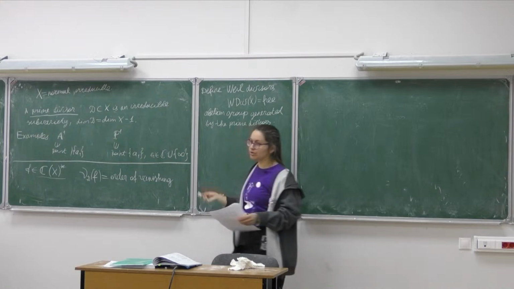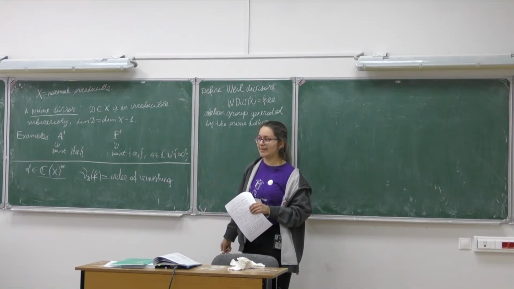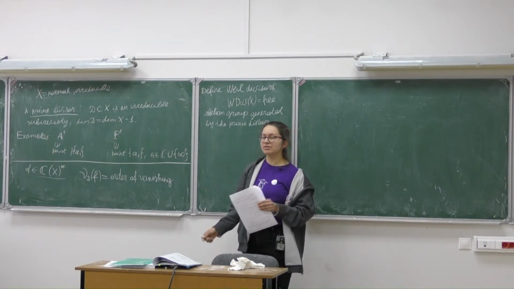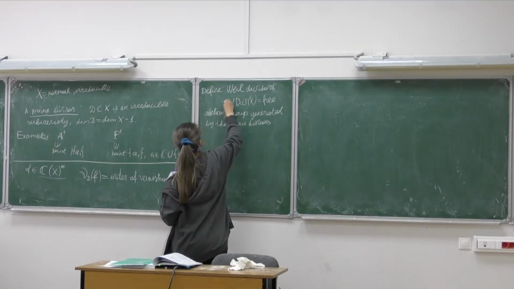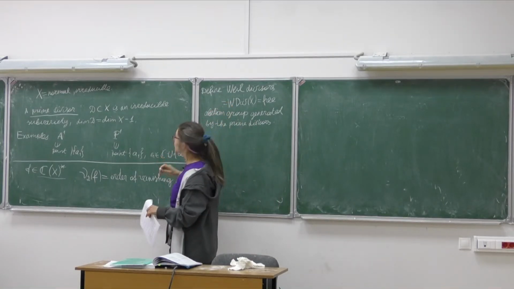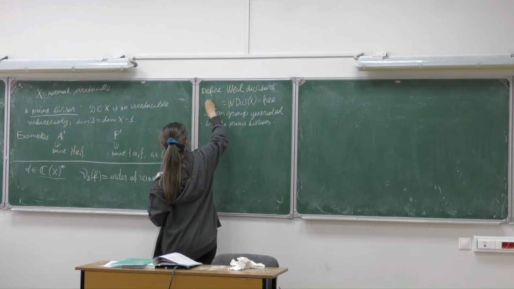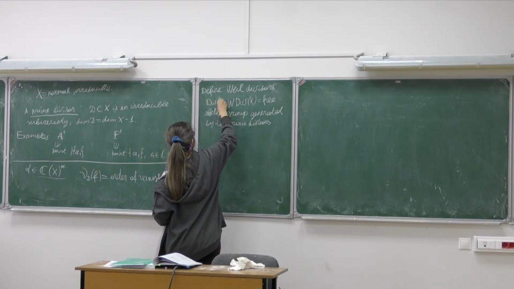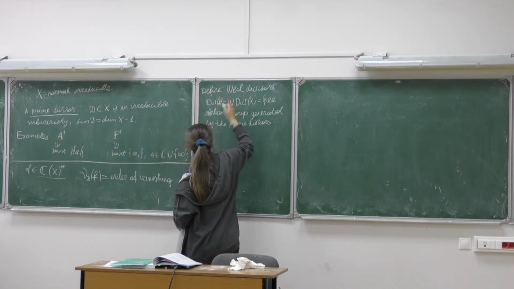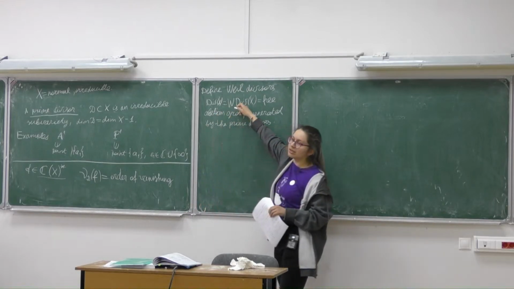So it is huge, but nevertheless. And usually it has different notations. In Cox, it is denoted by just Div X. But in many other books, it is denoted by WDiv X.